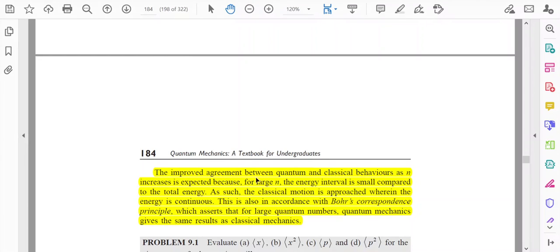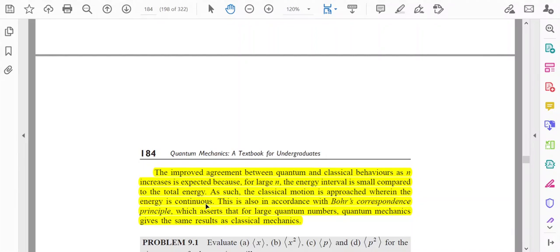The improved agreement between quantum and classical behaviors as n increases is expected, because for large n the energy interval is small compared to the total energy. Whenever we increase the value of n, the interval between the energies decreases. As such, the classical motion is approached, wherein the energy is continuous.